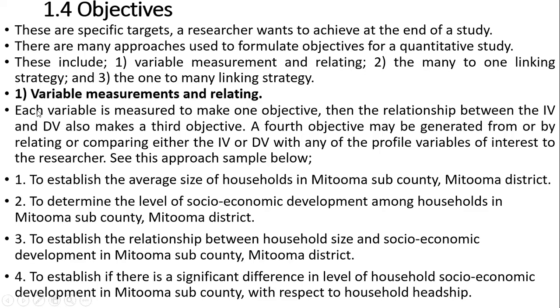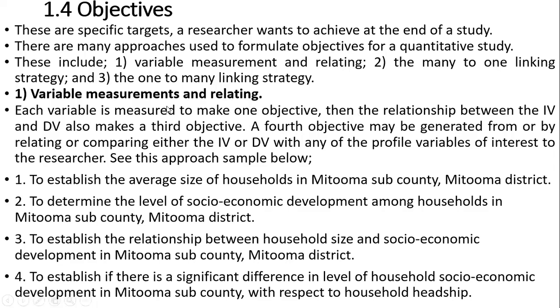Now, we have explained how to formulate specific objectives according to each approach. For example, according to variable measurement and relating, we have said that you make objectives according to variables you have, or you can break down your variables, and each breakdown is made an objective.